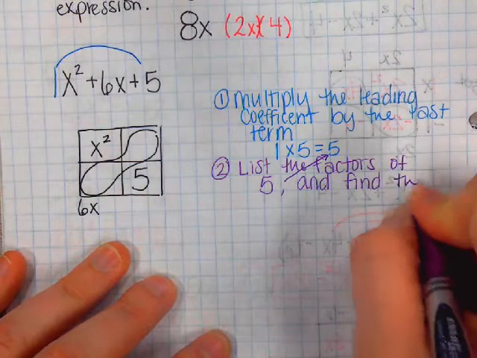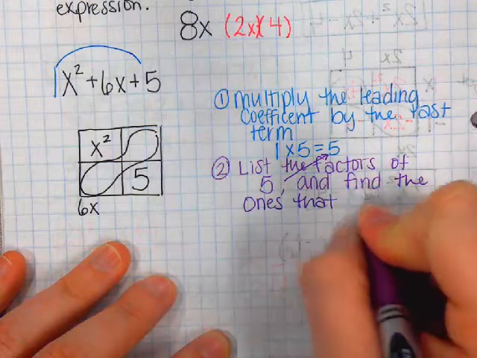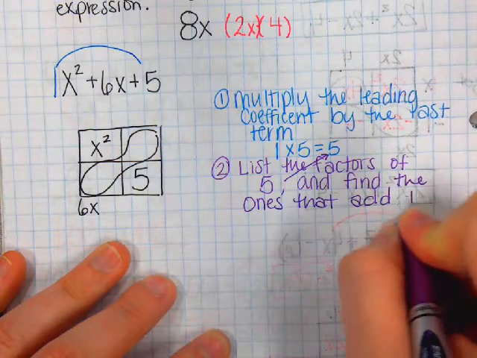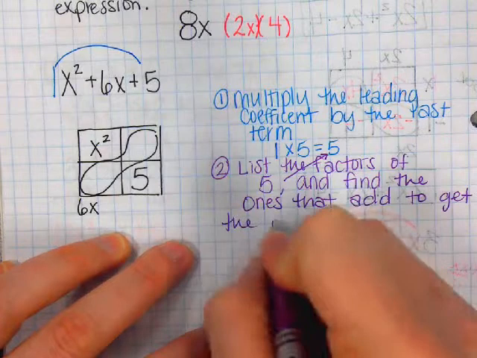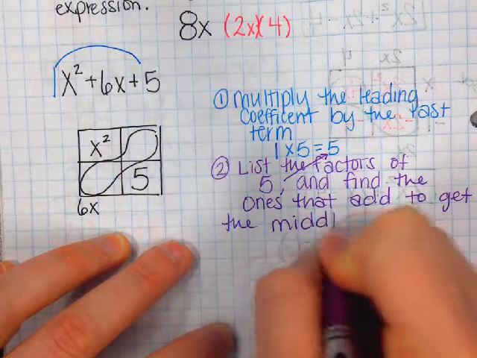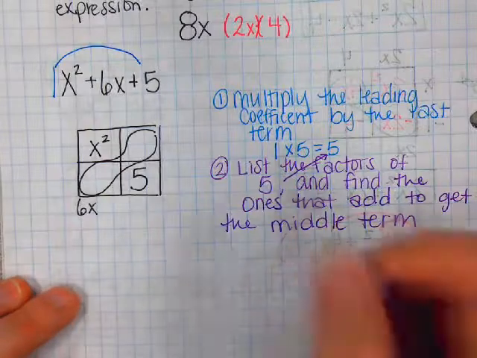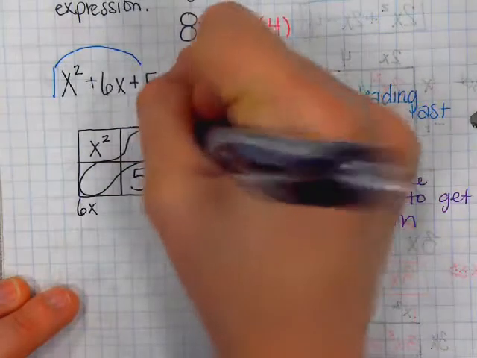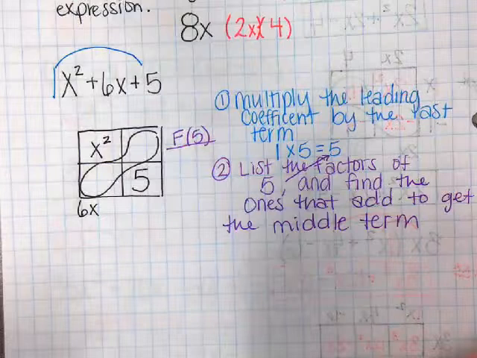We want to list the factors of 5 and find the ones that add to get the middle term.